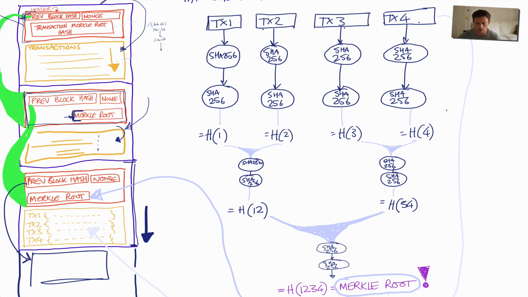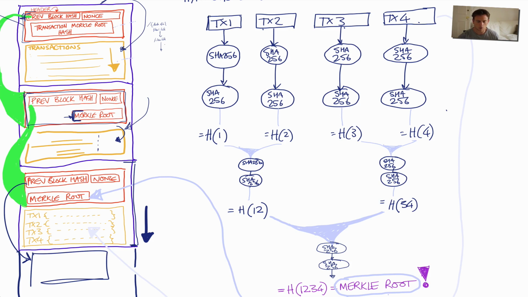Rather than that, you could think, well, we just need to create a footprint of these transactions to make sure that the block hash includes a footprint of the transactions, so that if any of the transactions change, the block hash changes.